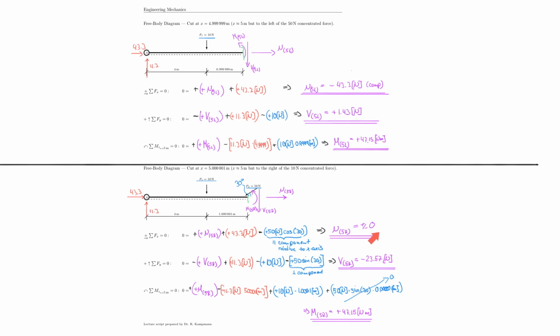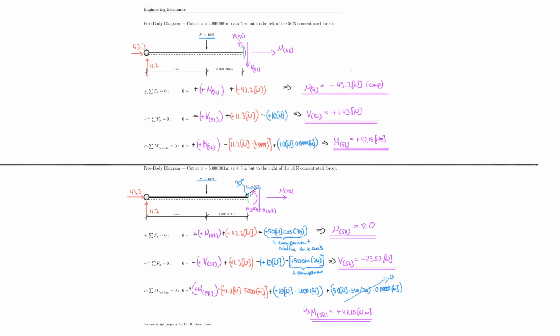But if I compare this to the normal force down here, it goes to 0 from here to here. It becomes 0 because we now add this component, the parallel component. And again, if you think about it, this is really the component that causes the support reaction anyways, and therefore it's now in balance, and we don't need a normal force anymore to balance it.